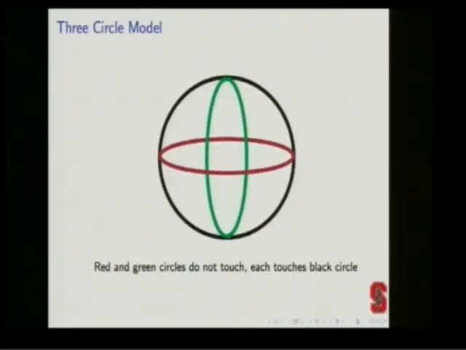That black circle up there is the same circle that I just showed you. It's the one that consists of the linear gradients. Now there are 2 secondary circles. Because I've had to project this into 2 dimensions, it's not clear from the picture, but the idea is that the 2 circles, the red and the green circle, both intersect the black circle in 2 points, but they don't touch each other.